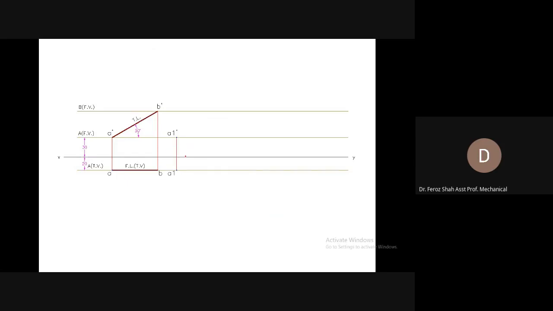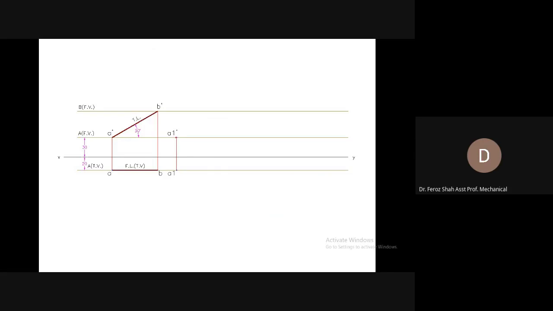Now, in the next step, we would assume the line to be inclined to the vertical plane only and parallel to the horizontal plane. For that, the position of end A is already given.